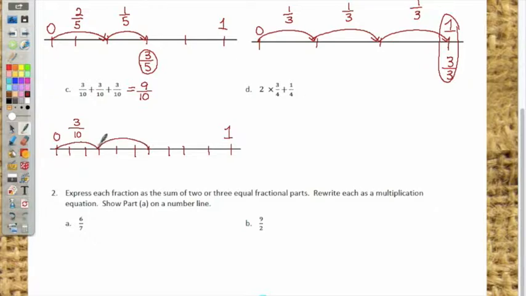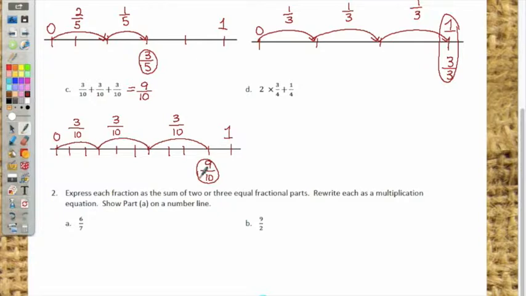Draw it back to where I started. That's 3/10. And 1, 2, 3. And my answer is 9/10. 9/10 and circle it. Okay?